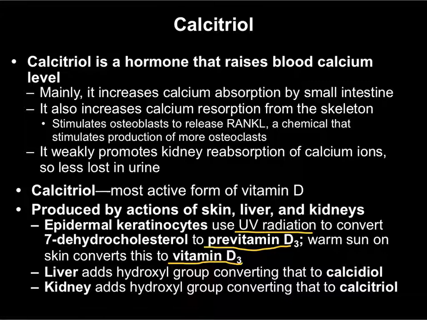All right? So vitamin D3 is what's made in your skin. Vitamin D3 is actually not the most active form of vitamin D. It's got like a little bit of effect, but it's got to be converted before it's going to have major effects as a hormone.